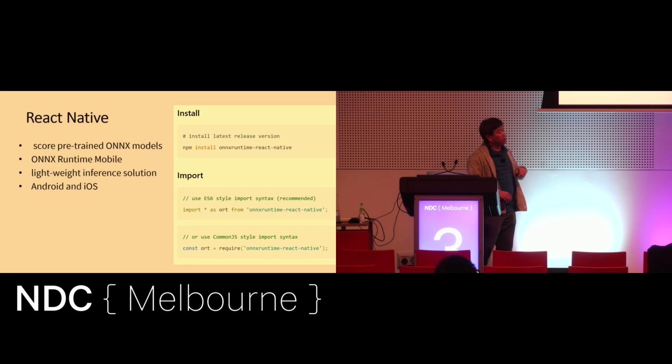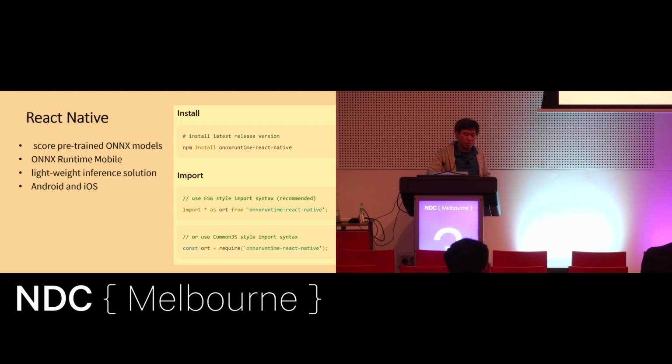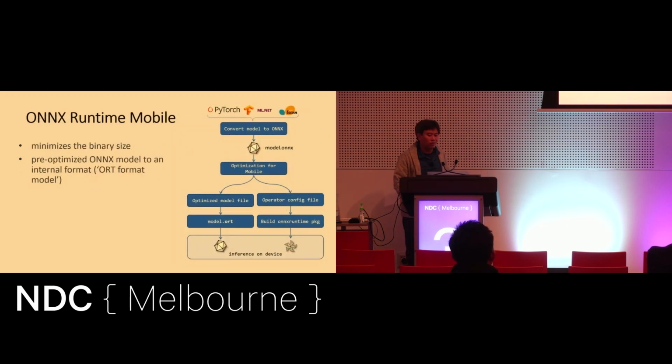So React Native allows you to score a pre-trained model. This is a little bit advanced, but if you want to run it on Android or iOS, it allows you to do this also. But in order to do that, you have to convert the ONNX model to another model that is optimized for mobile. They call it mobile.ort.